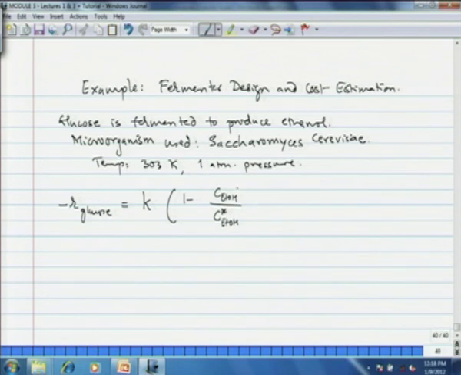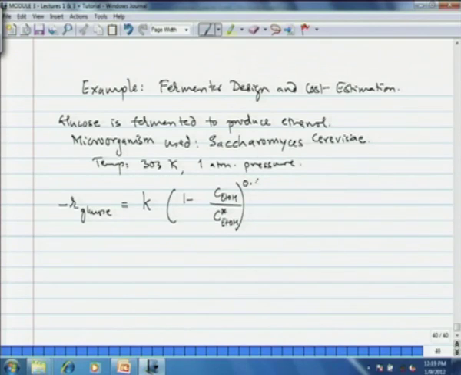Now ethanol fermentation is inhibitory, which means the ethanol that is produced ruptures or damages the membrane wall of the cells and it kills the cells. Therefore, as the ethanol concentration in the fermentation broth increases, the cells die, and there is an inhibitory concentration at which all the cells die. That is C star ETOH, the inhibitory concentration.